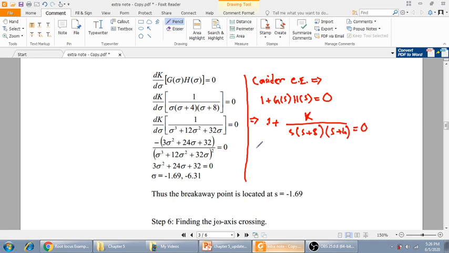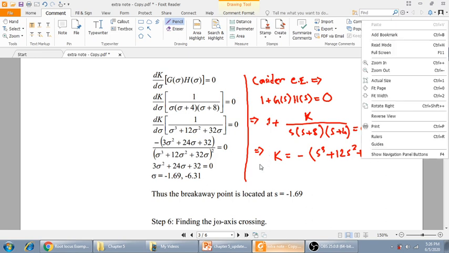If you normalize it, then it will come K equals minus s cube plus 12s square plus 32s. Okay, it will come like this.